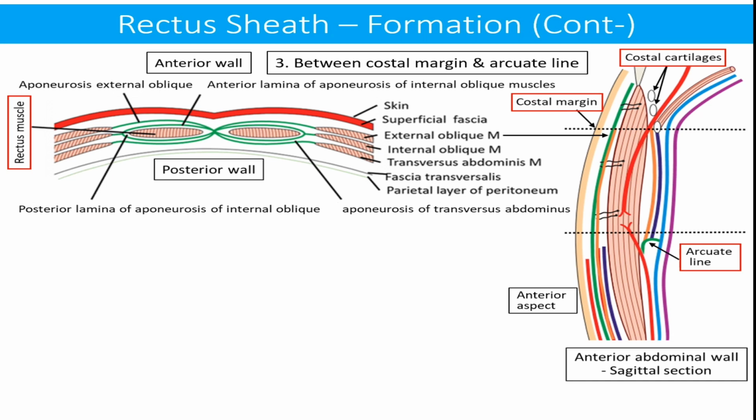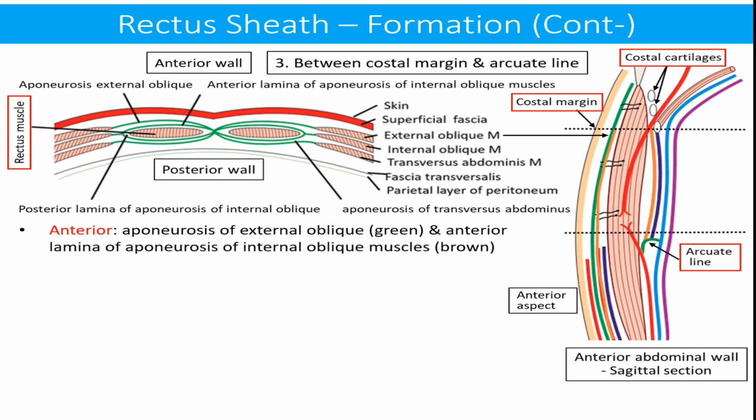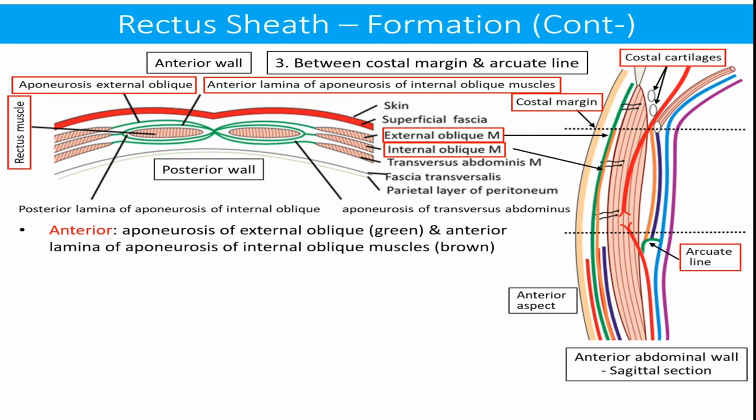Third part, between costal margin and arcuate line. This is the part of the rectus sheath which is complete both anteriorly and posteriorly. Anteriorly, it is formed by aponeurosis of external oblique and anterior lamina of aponeurosis of internal oblique muscles.